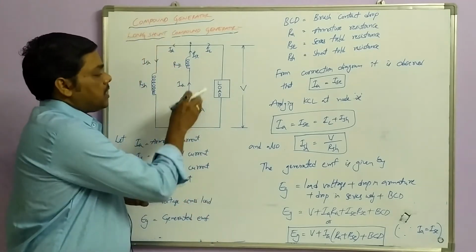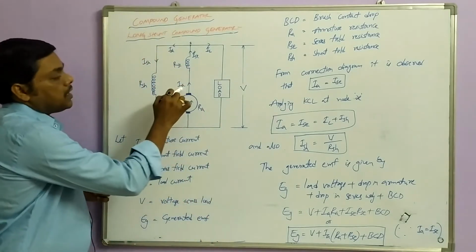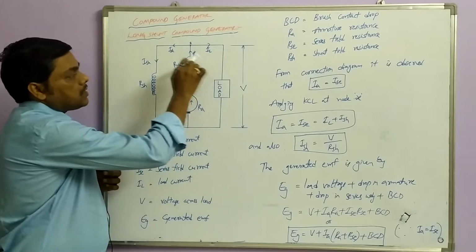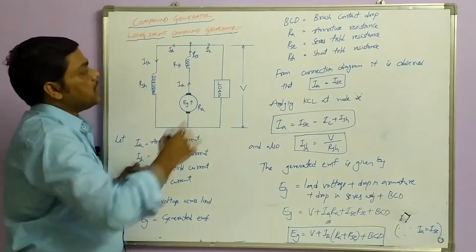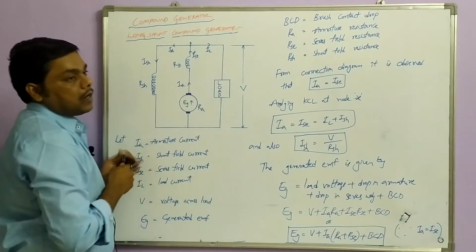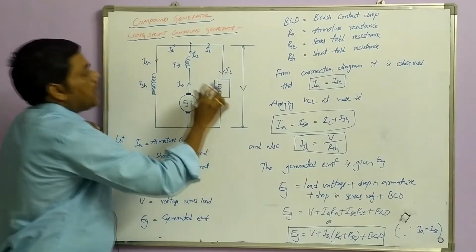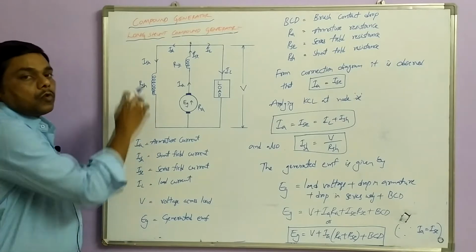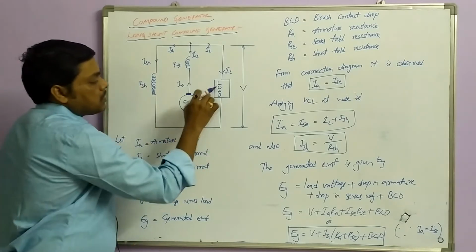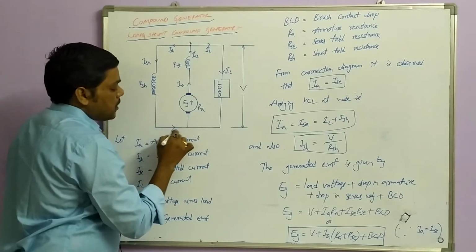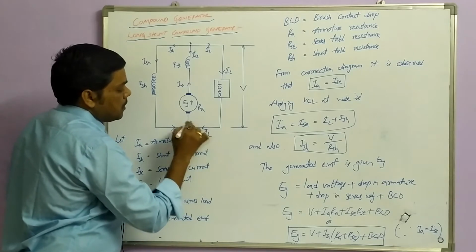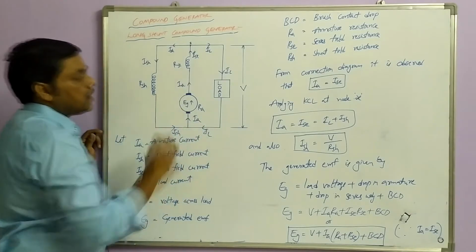Now this is the connection diagram. IA is the armature current, ISC is the current flowing through the series winding, IL is the load current, and ISH is the current flowing through the shunt winding, and this is the return path.